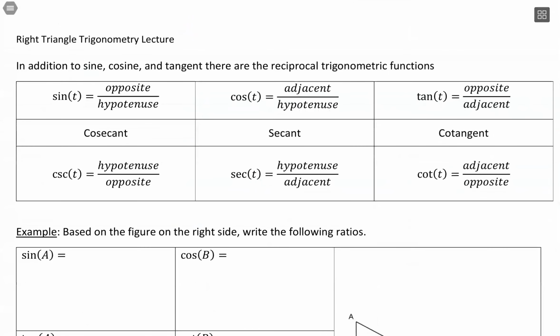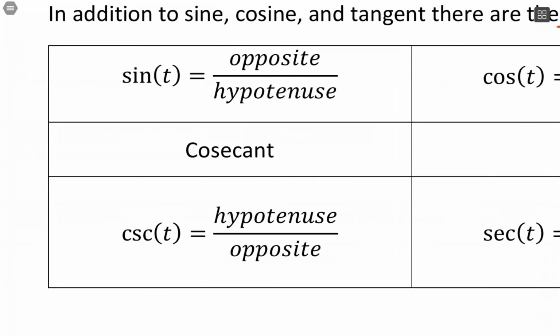All right. So what I was mentioning before is that there are 3 more trig functions, so cosecant, secant, and cotangent. These are called the reciprocal trigonometric functions. Reciprocal really just means switch the numerator and denominator. So cosecant lines up with sine. It's the reciprocal of sine, so where sine is opposite over hypotenuse, cosecant is hypotenuse over opposite.